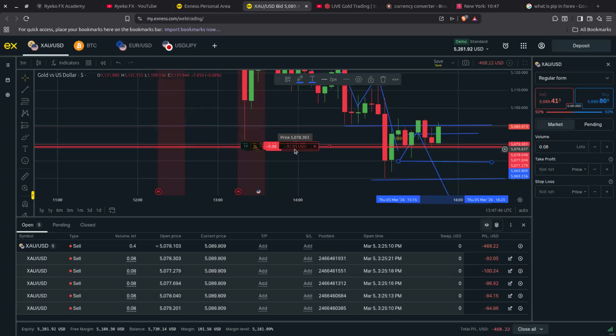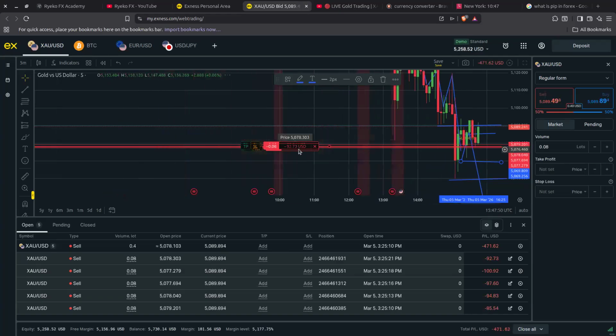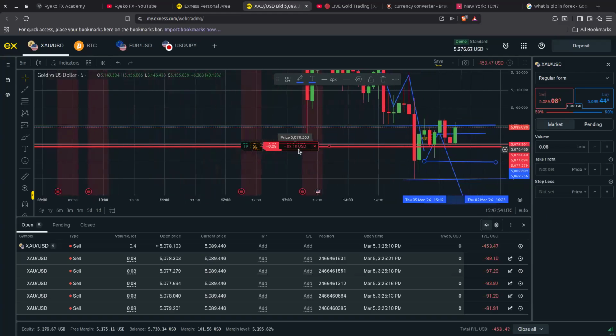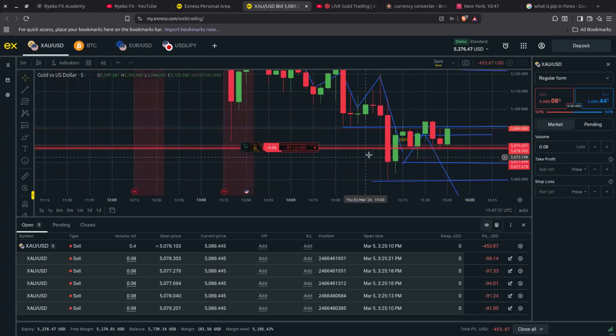If it closes above, we are in trouble. Let's pray for a reversion.